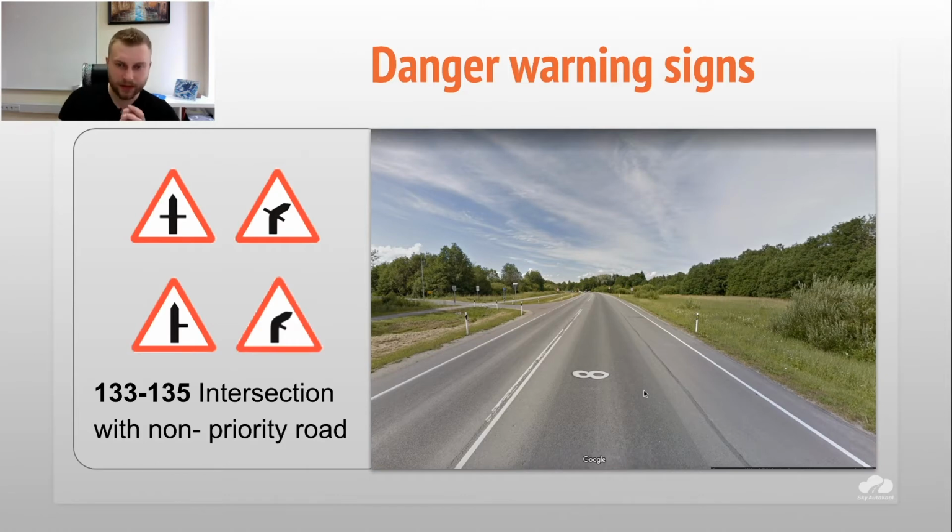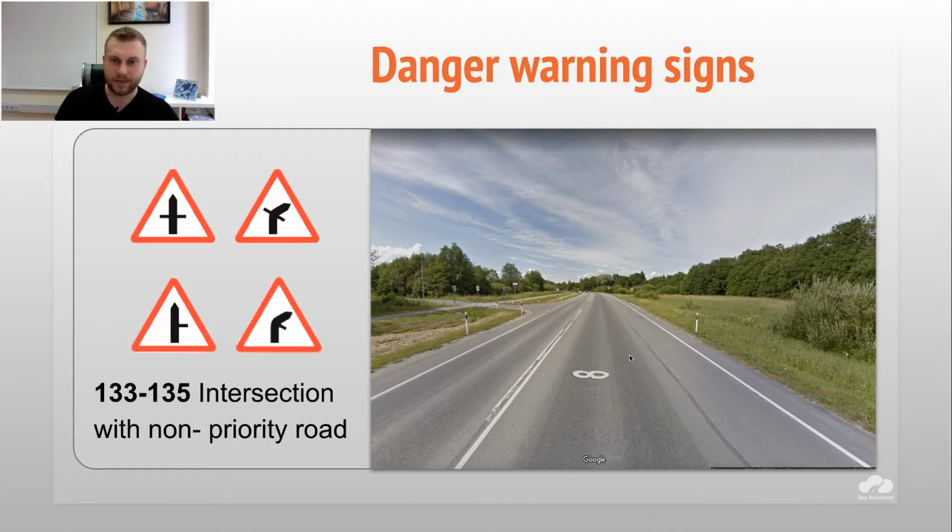Also, sometimes you can meet a question in the road administration exam: is it safe to make an overtaking here in this situation? For example, you want to go straight and you want to make an overtake, and the answer will be no, of course, because you never know who can enter the main road from the secondary road at the last moment, so it can be very dangerous in this case.